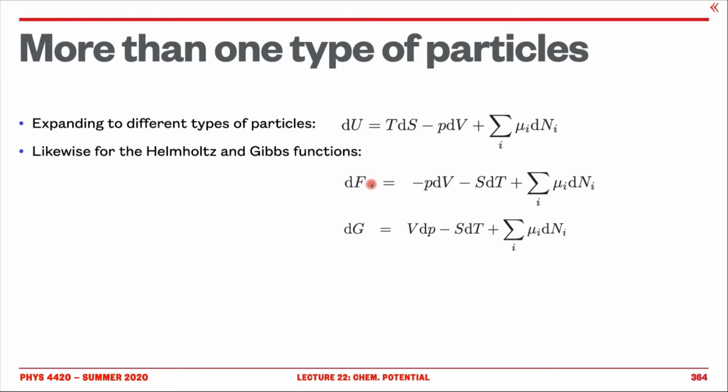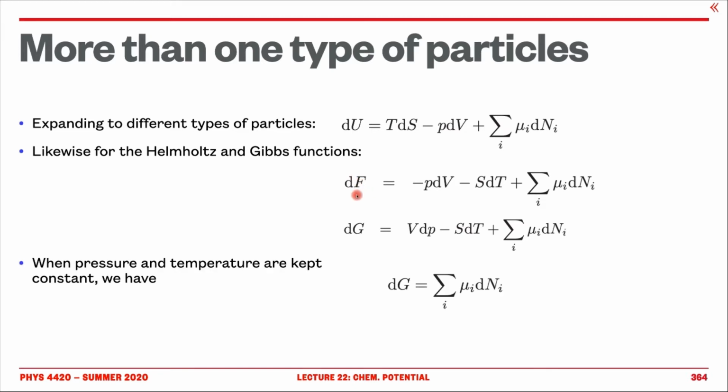And so, of course, everything that we've defined so far, like the Helmholtz function or the Gibbs function, can also all inherit this change in U, because, as you remember, F and G are defined originally as a function of U. And finally, we find that the change in Gibbs function is actually related to the change in the number of particles for each type.